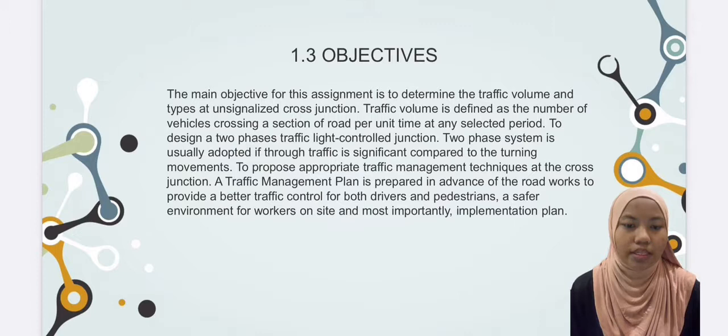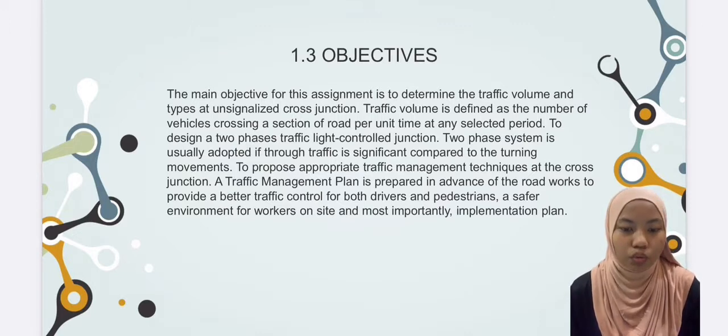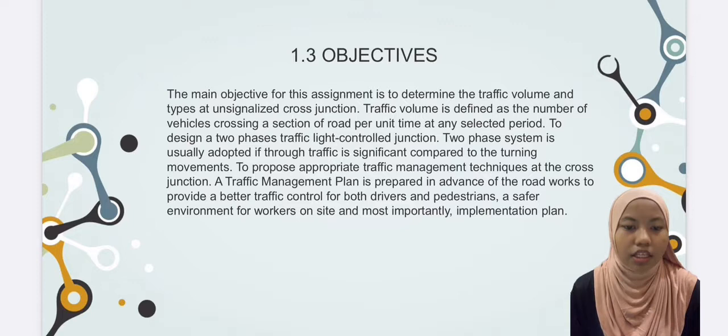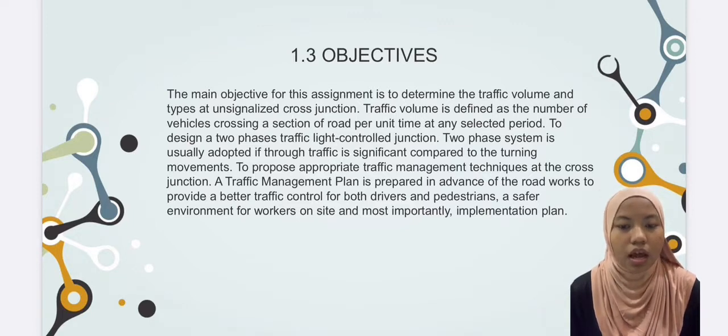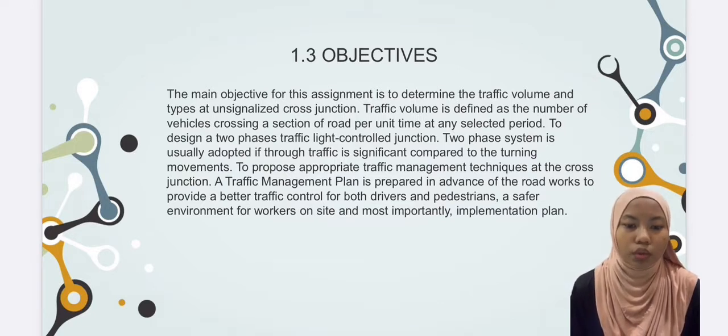A two-phase system is usually adopted if through traffic is significant compared to the turning movement. Lastly is to propose an appropriate traffic management technique at the cross junction. A traffic management plan is prepared in advance of the road works to provide better traffic control for both drivers and pedestrians, a safer environment for workers on the site, and most importantly, an information plan.